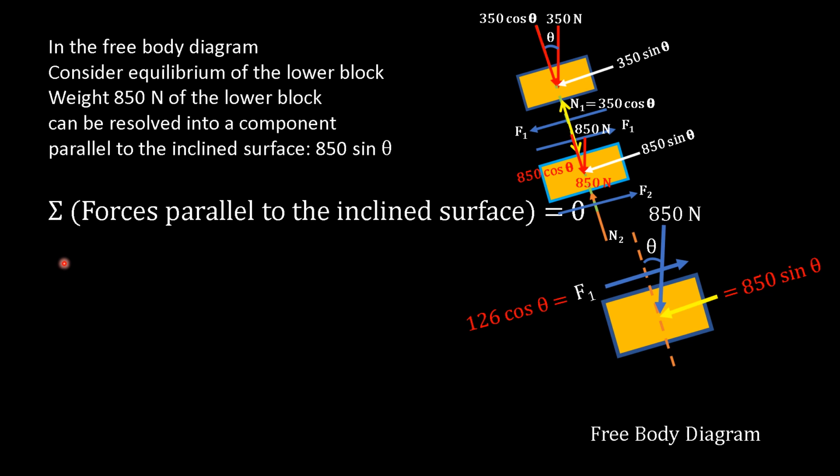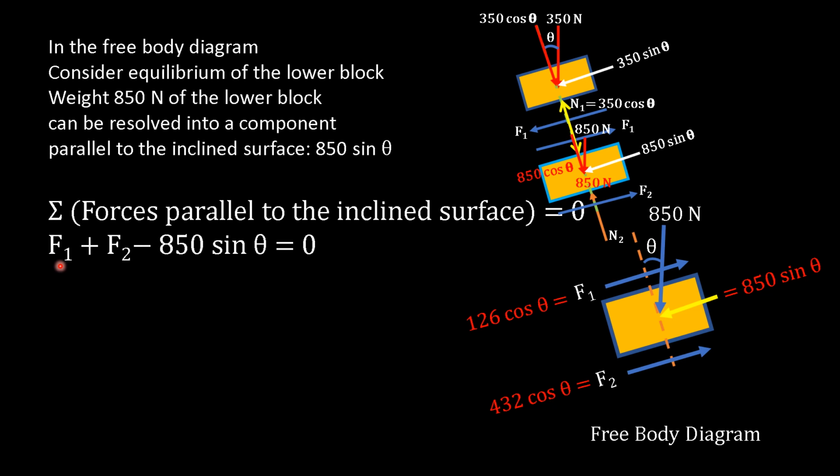So we have F1 equals 126 cos theta going upwards, and F2 432 cos theta going upwards again. So we write F1 plus F2 minus 850 sin theta equals 0.